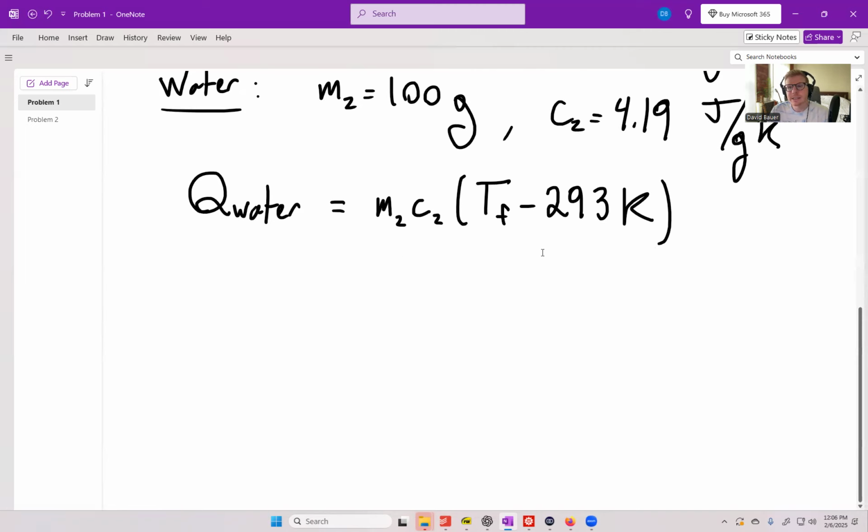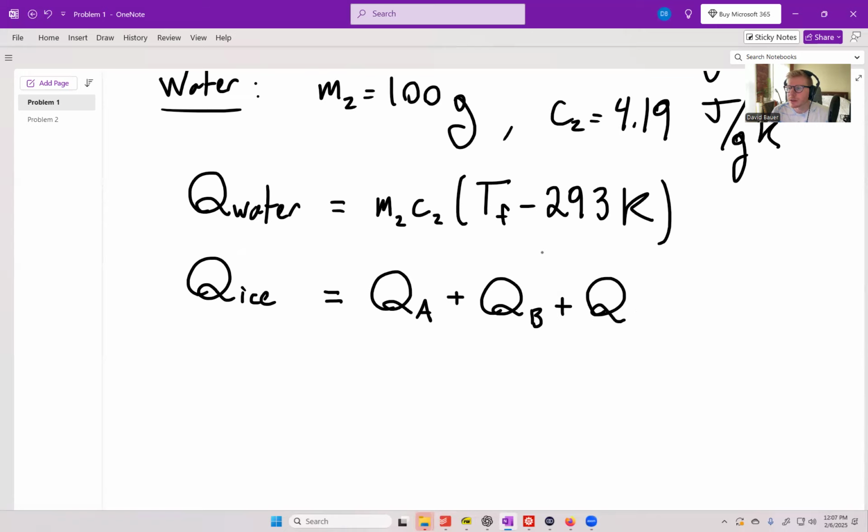Now for the ice, it's a little more complicated. For the ice, we have 3 steps, right? We have to bring the ice to 0 Celsius, at which point it melts. We need heat to melt it, and then we need heat to bring it up to whatever the final temperature happens to be. Okay, so I'll break those up.